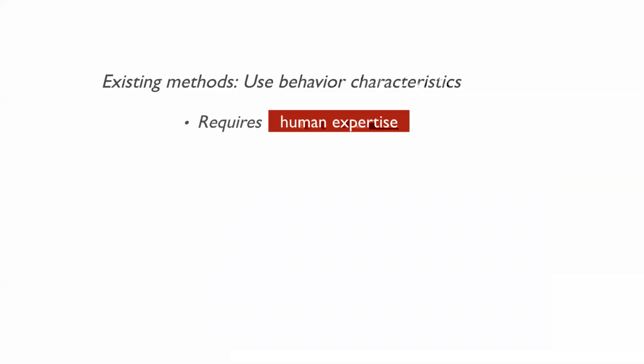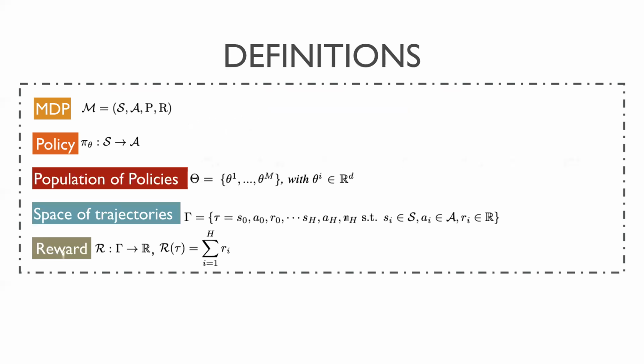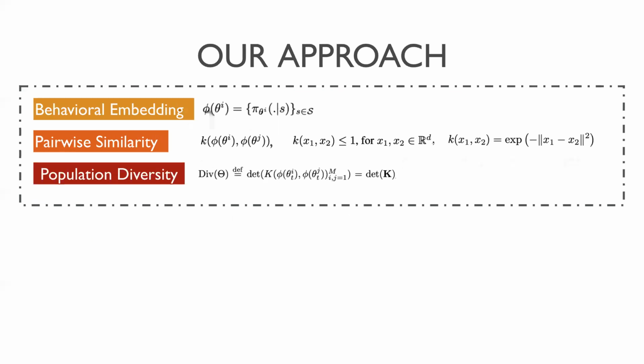That's basically what we're going to see. As I was saying, the existing methods use some kind of behavioral characteristic, which requires human expertise, kind of similar to the behavioral embeddings that we talked about before, in a more general sense. And this is actually a very exciting area of research. Again, these are the same definitions that we saw before, so I'll not linger on them. Here the approach is the following. We use what we call a behavioral embedding: we sample a bunch of states from the buffer, and we look at how the policies of the different agents look on those states.